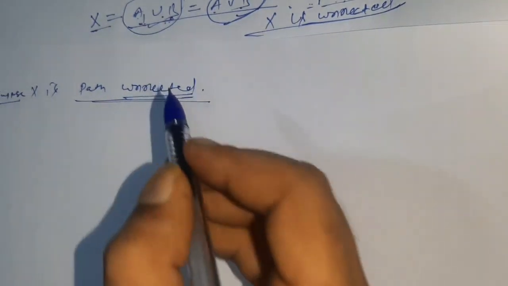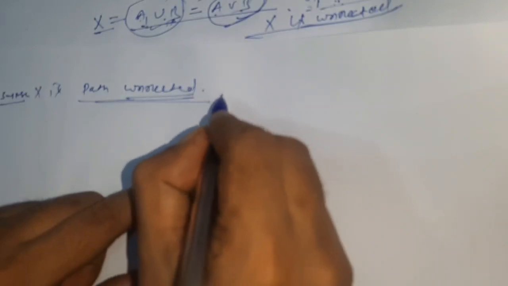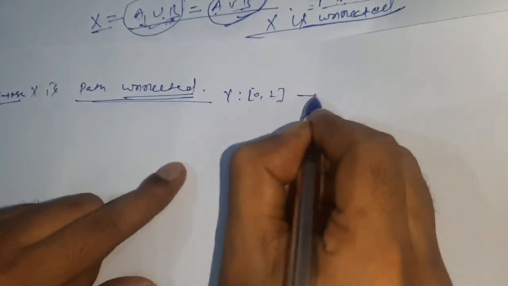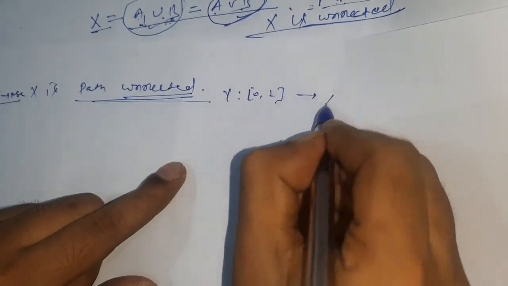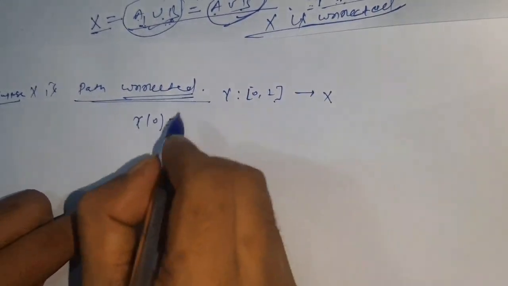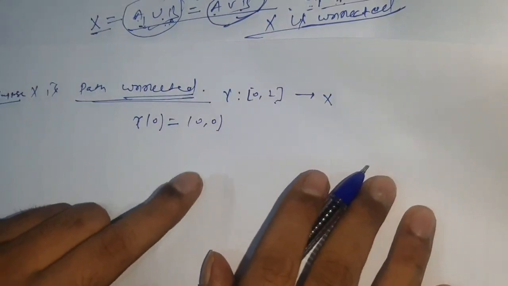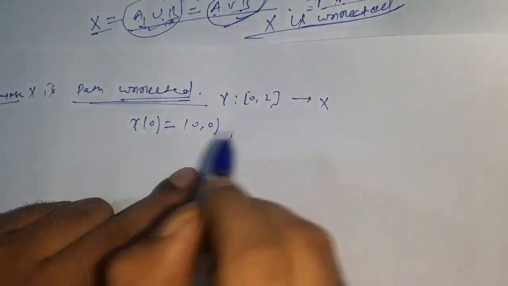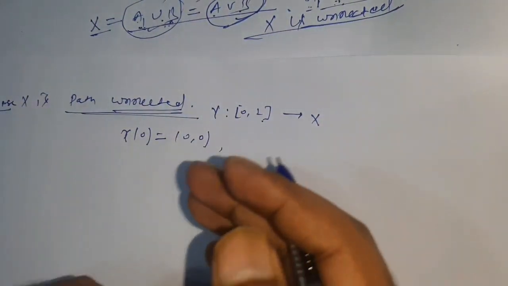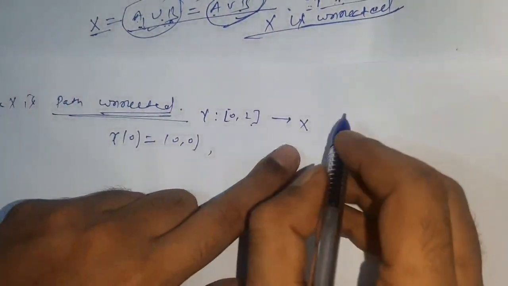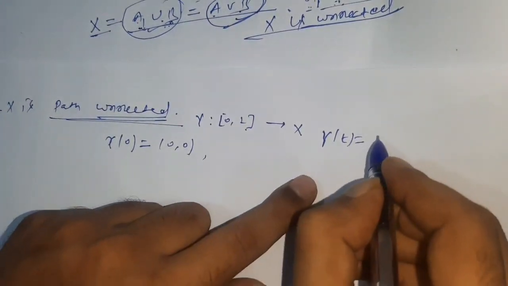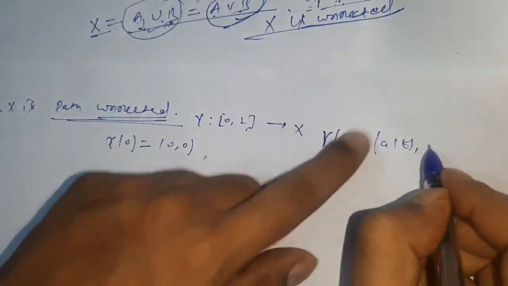If X is path connected, it means there is a continuous map gamma from the closed interval 0 to 1 to X, and suppose gamma(0) maps to (0, 0). We take a continuous function gamma(t) = (a(t), b(t)).